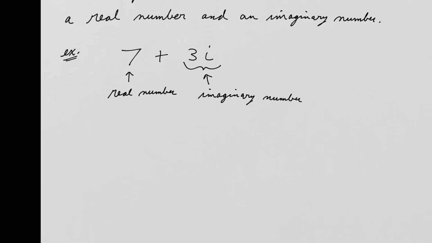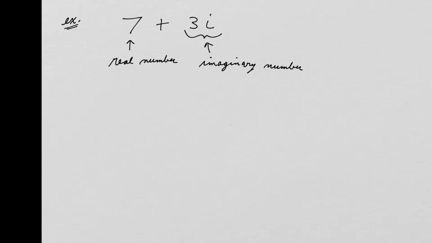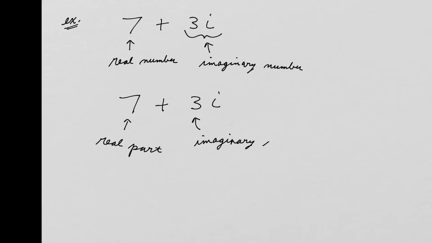But when we talk about parts, we would say that the 7 is the real part of the complex number. And then the 3 is what we call the imaginary part. The 3i is the imaginary number, but the 3 is the imaginary part of the complex number. So you have to be a little careful with that terminology.